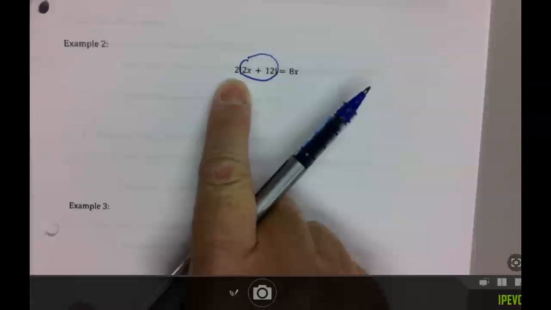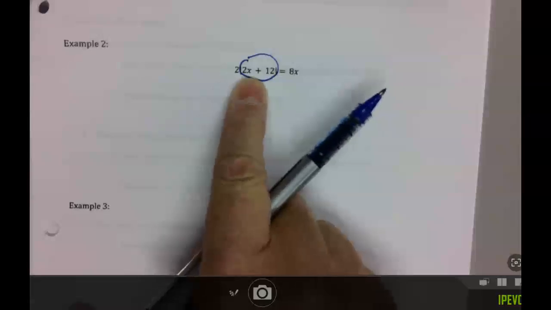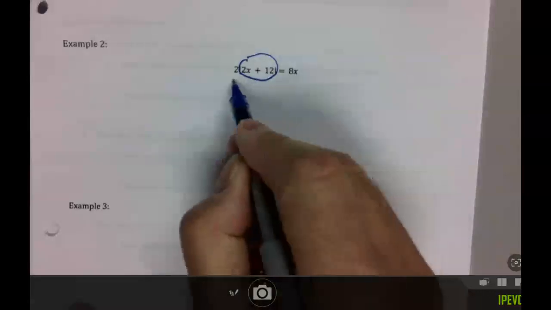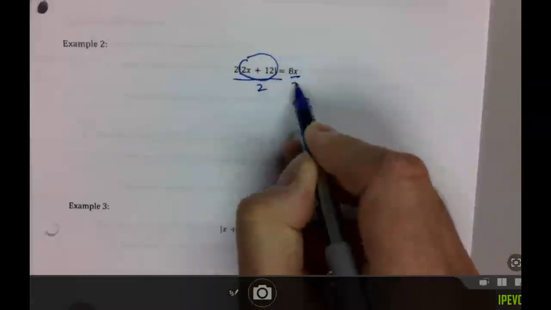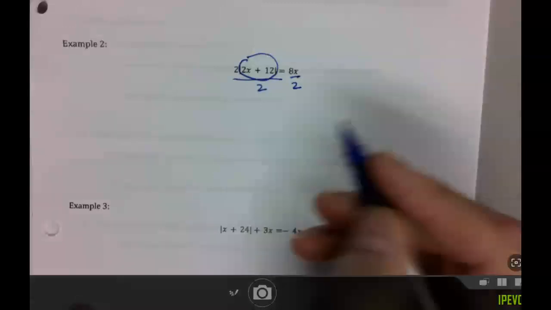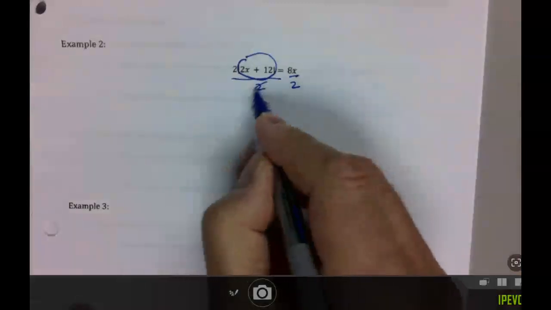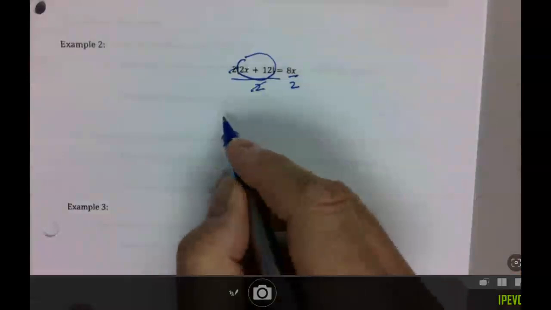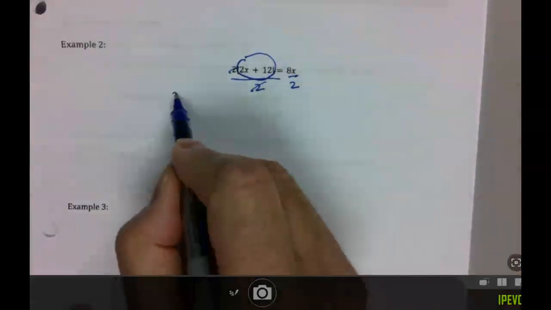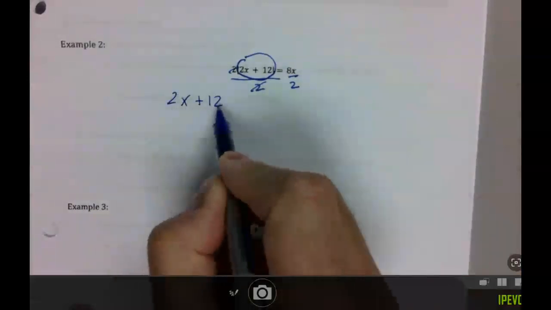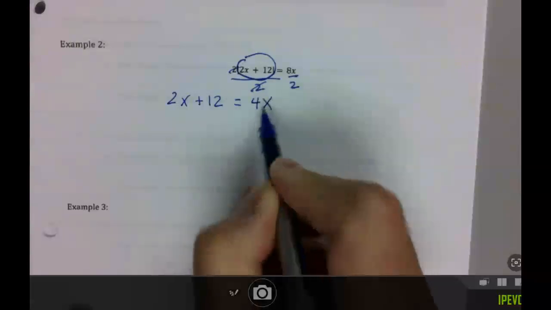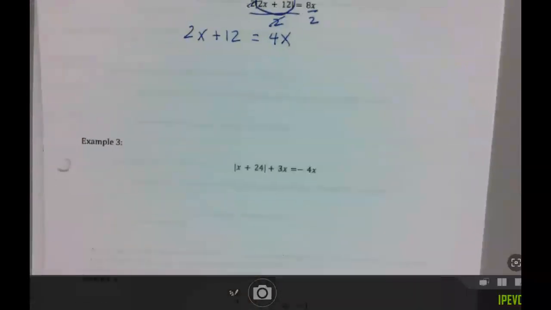So what is 2 doing to that whole thing? What operation? Multiplying. So you want to get rid of it by dividing both sides by 2. Those cancel, so that leaves me 2x plus 12 equals 4x. Agreed?